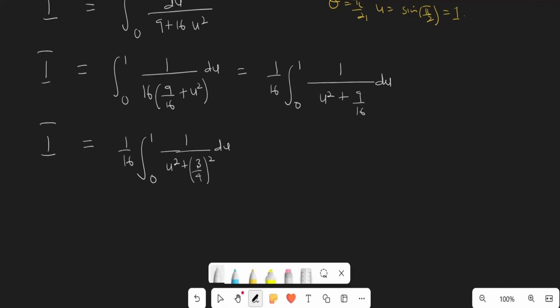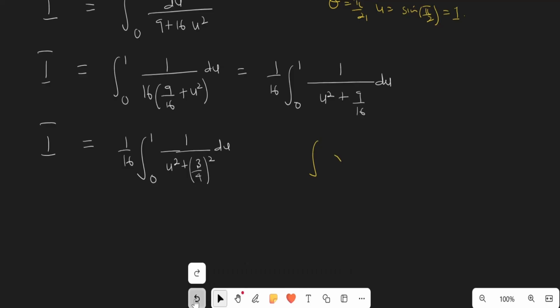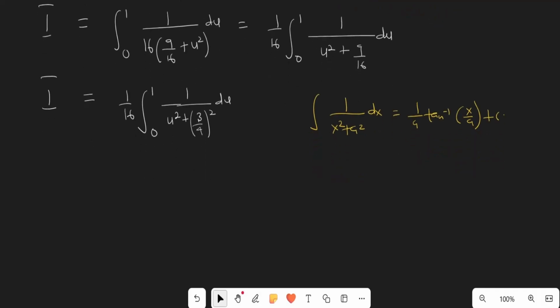And now let's compare this one to the arctan integral, which says the integral of 1 over x squared plus a squared dx is equal to 1 over a, the arctan of x over a, plus the constant of integration.